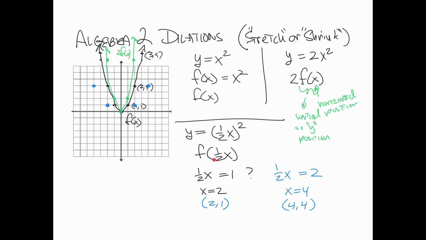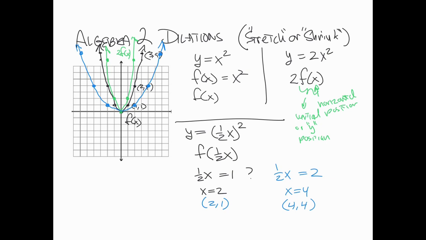So what do I have to make x in this case to make the input to the function be 3? Well, 1/2 x equals 3, x has got to be 6. So that gives us a point at 6, 9 over here and at negative 6, 9 over here. And we can plot that. So yeah, it's a parabola.